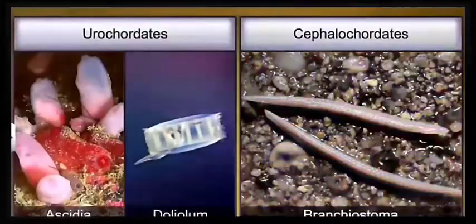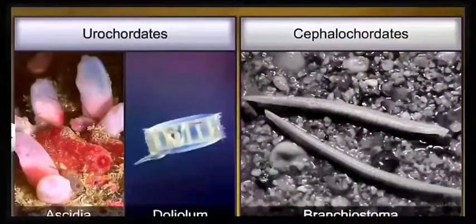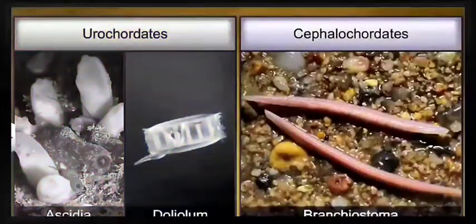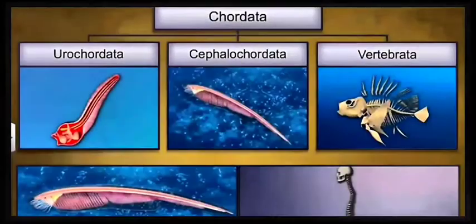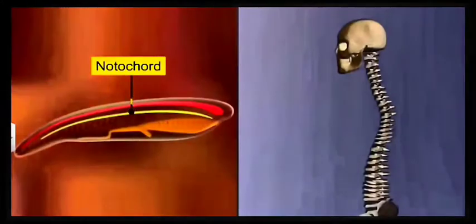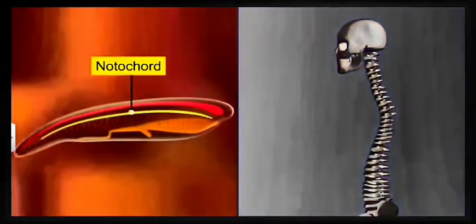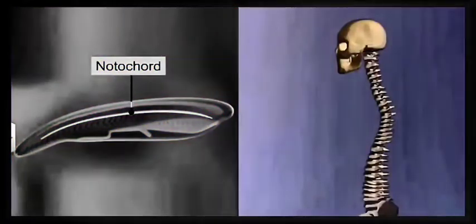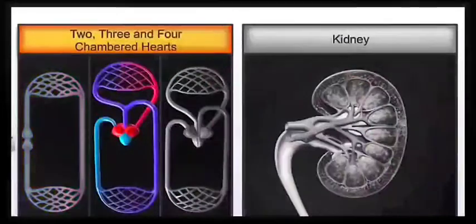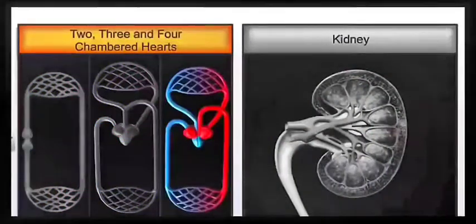Now let's see the examples. Ascidia and Doliolum are the examples of urochordates, and Branchiostoma is a common example of cephalochordates. Now let's study about the Vertebrata. In Vertebrata, the notochord in the embryo is later on replaced by a vertebral column, which may be of cartilage or bone.